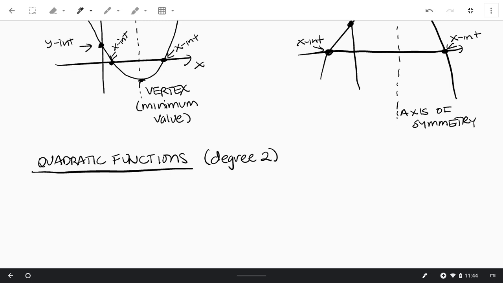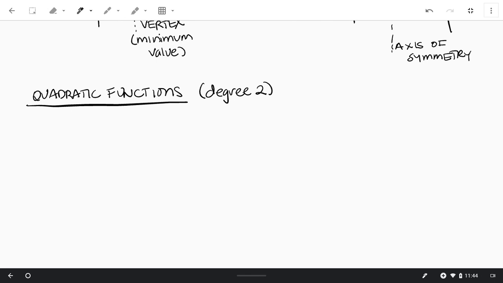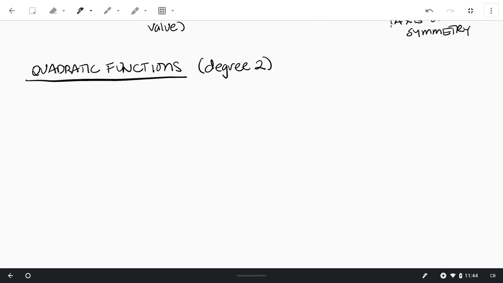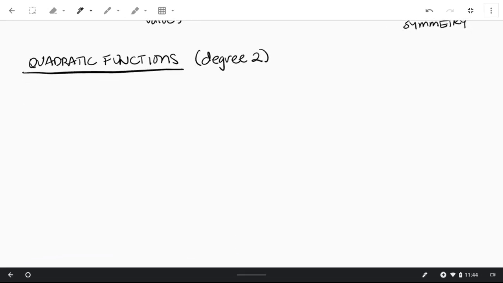In this section, we're going to look at two forms of the equation. We're going to look at something called expanded form and then another one called standard form. Depending on which book you use, some books will call expanded form standard form. So it doesn't really matter what we call it.